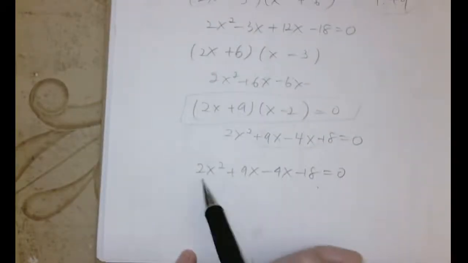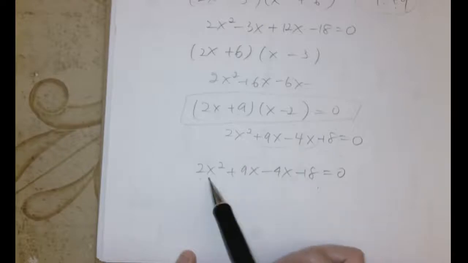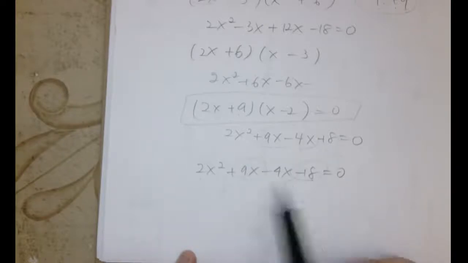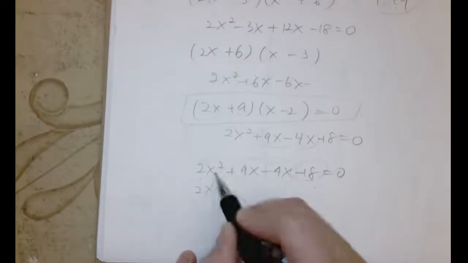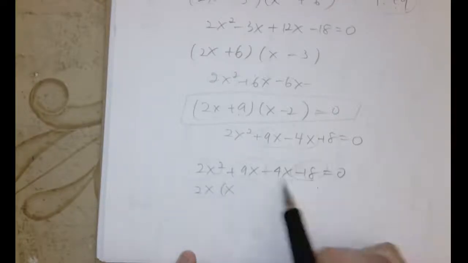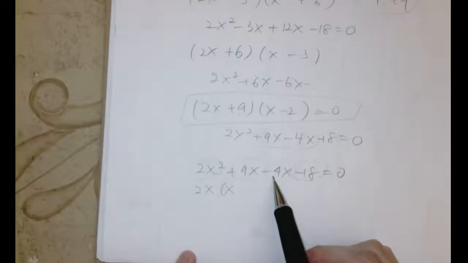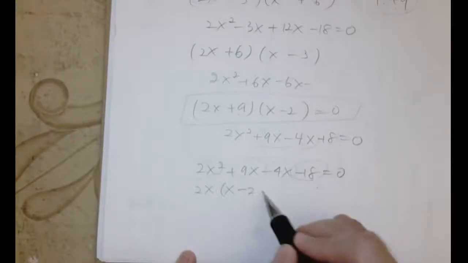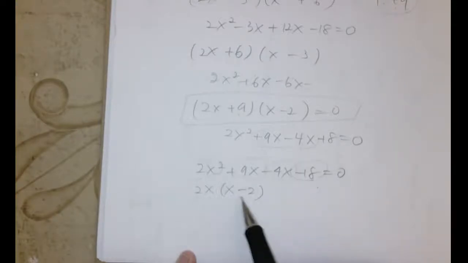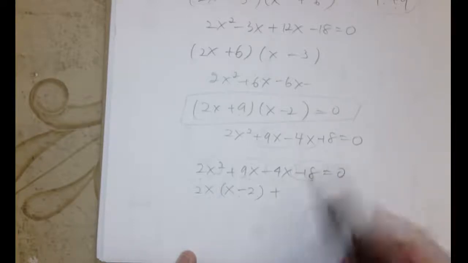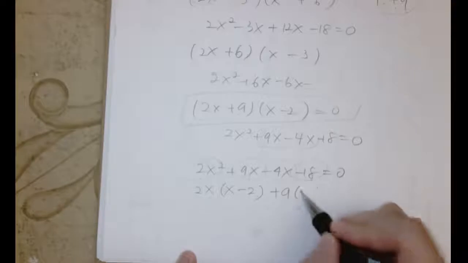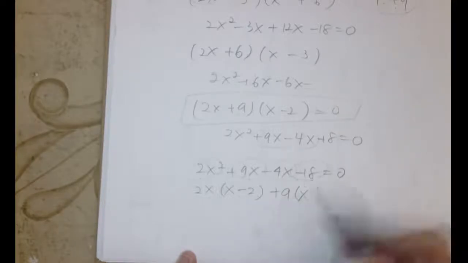Okay? And once you get there, the only thing you have to do is factor the common factors out. So I see that this and this have a common factor, this and this have a common factor. I'm going to factor out 2x from here, and what's left is x. I'm going to factor 2x from this out, and then I have minus 2 left, right? Minus 2 times 2x is minus 4x. Plus, the 9 is the common factor, so I'm going to factor 9 out now, and it's x minus 2 equals 0.